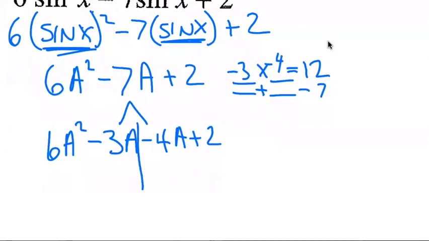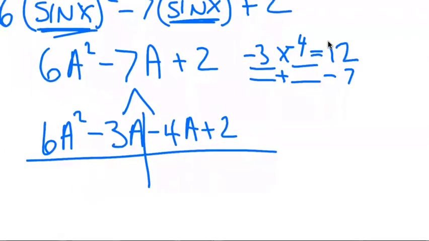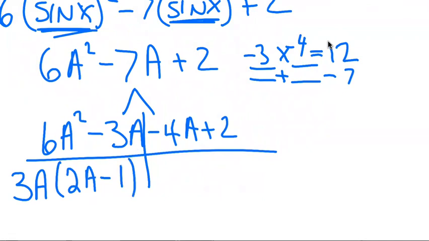Draw your T. Greatest common factor of 6a squared and 3a is 3a. That'll leave me with 2a minus 1. Greatest common factor of minus 4a and 2 is going to be negative 2. That's going to give me 2a minus 1.